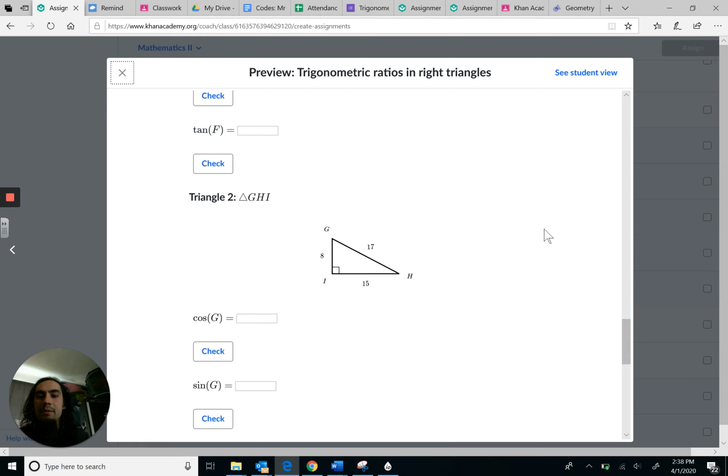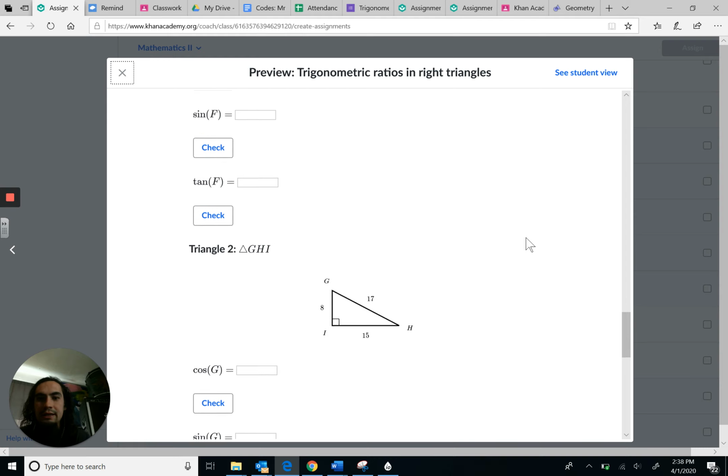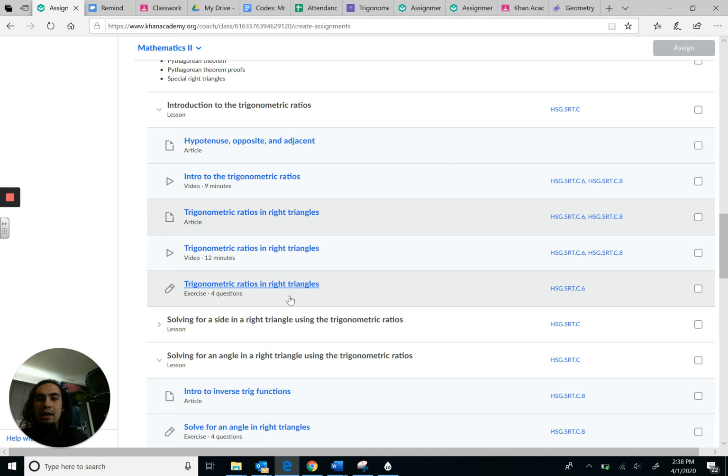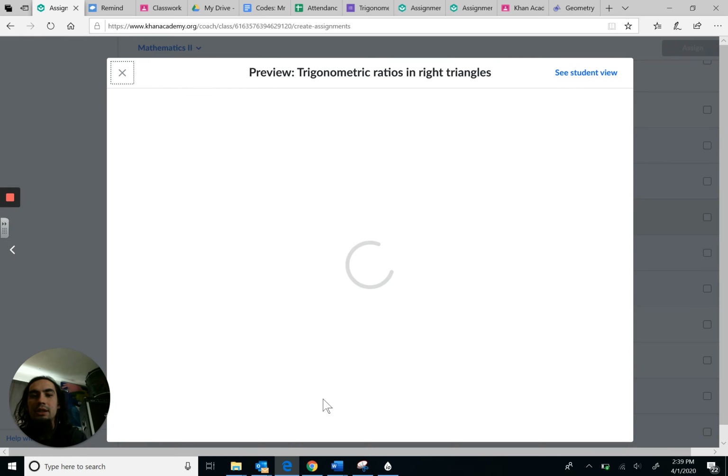The assignment that is graded is in addition to this, which is the trig ratios in right triangles. So this assignment right here, and this is my teacher page, it's going to look different for you, but that's the name of it right there. The article is for notes, and then the assignment is 4 questions as noted here.